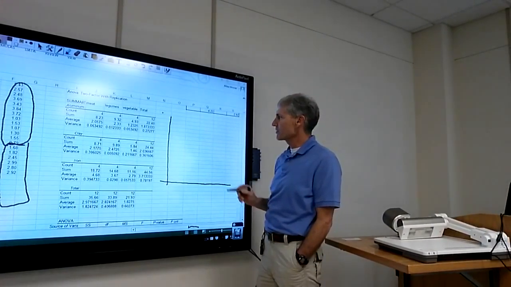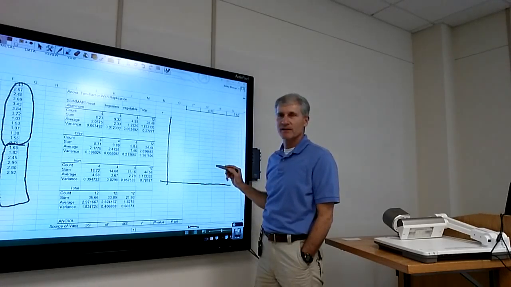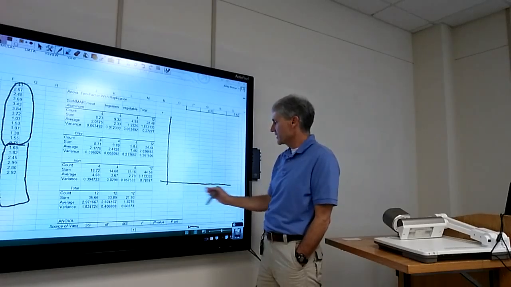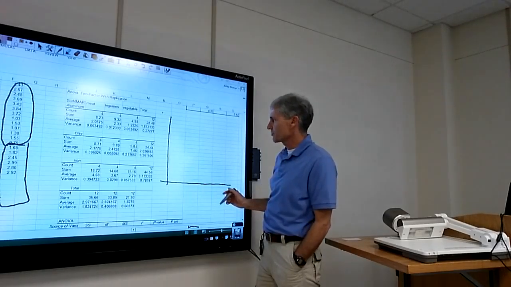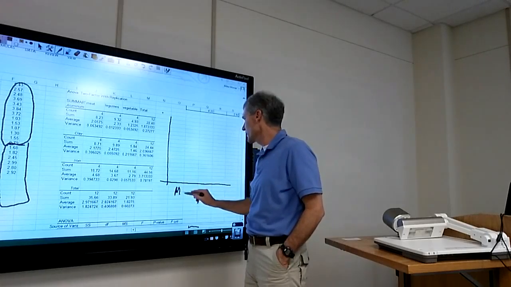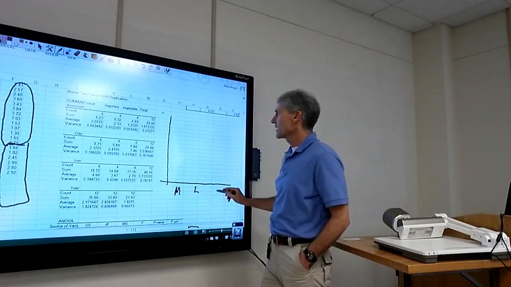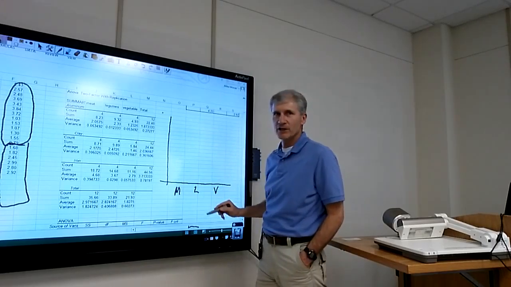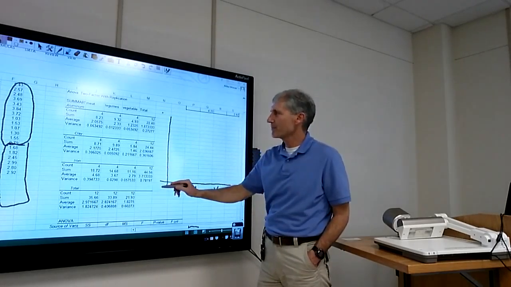An interaction plot will have 9 points in it, and so we pick one of the two main factors to be the x-axis. So let's pick type of food. We've got M for meat, L for legumes, and V for vegetables. And then I'm going to put a dot for each type of pot.